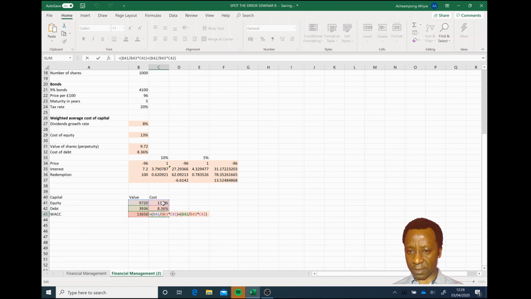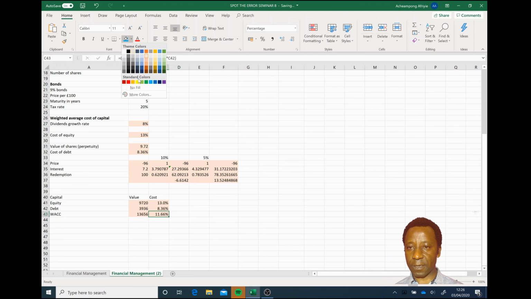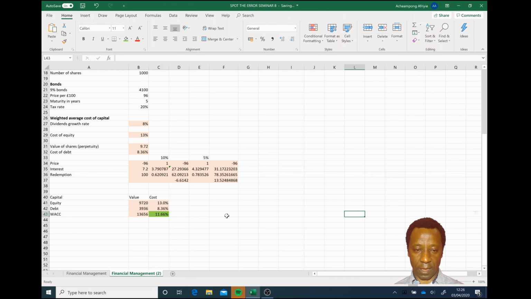So that looks right. They are using the right technique is what we're saying. And then subsequently, they've added to that the value of debt divided by the total of capital multiplied by the cost of debt. So that formula there is correct. Let's give it green. And let's say we verified the formula.